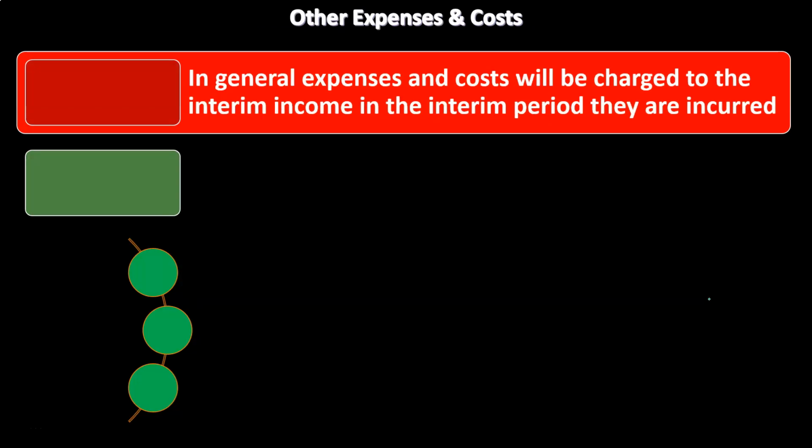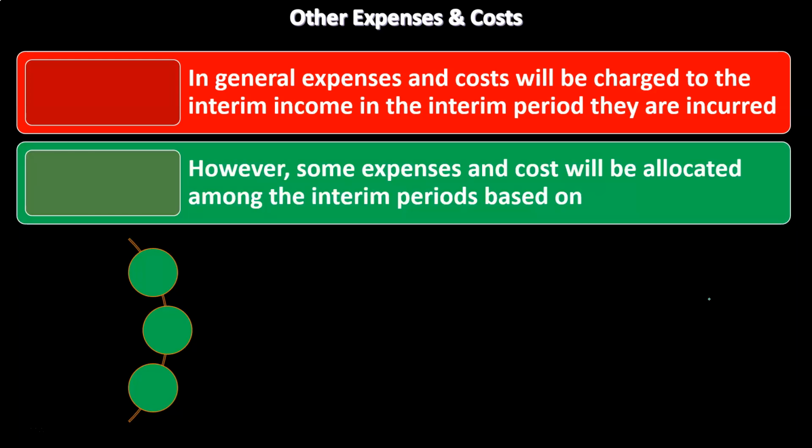Other expenses and costs: in general, expenses and costs will be charged to the interim income in the interim period they are incurred. That's the matching principle or the expense recognition principle, and that's an accrual principle, so you would think that that would hold as well. That should be a consistent principle.